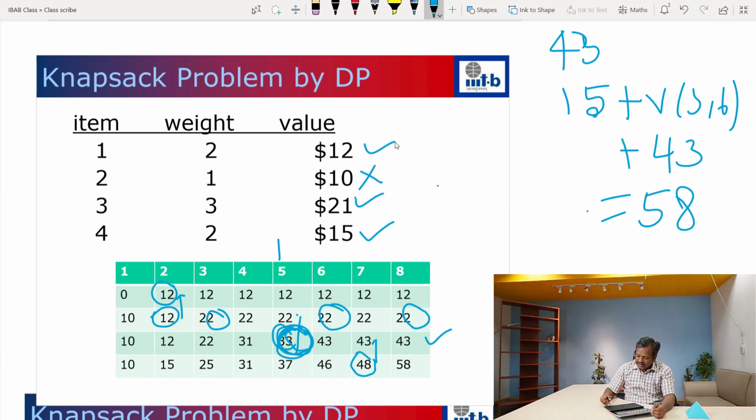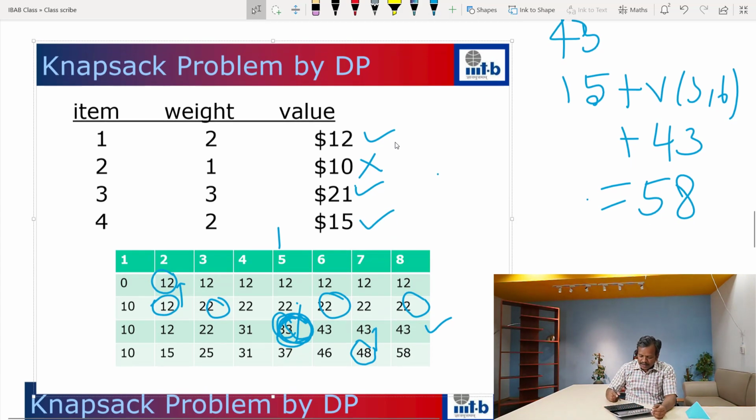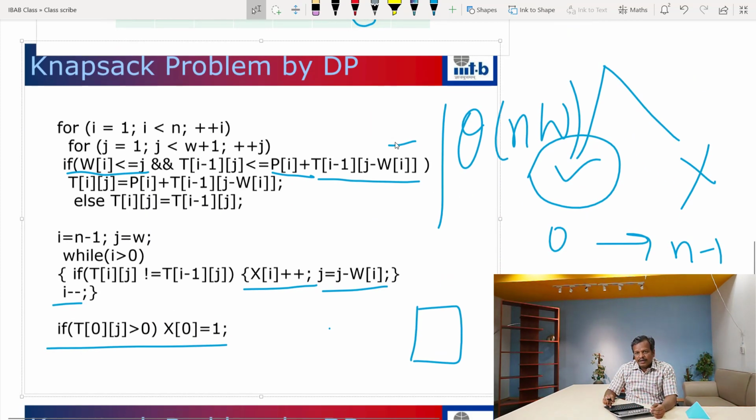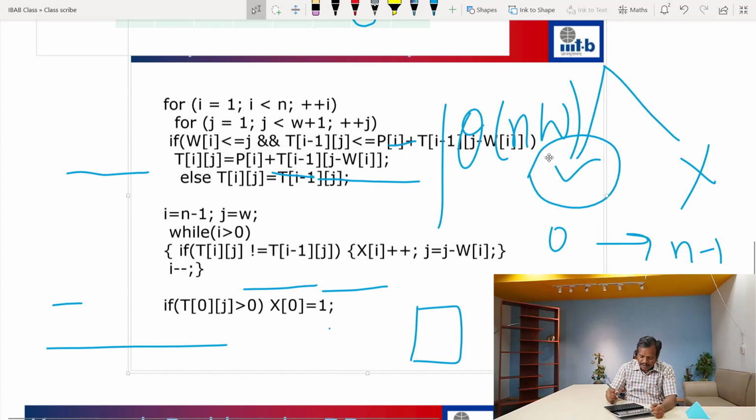So by using this backtracking technique, we can figure out what are all the items that are required to fill the table. The complexity of this algorithm is order n into w.